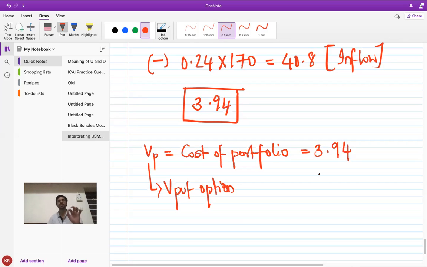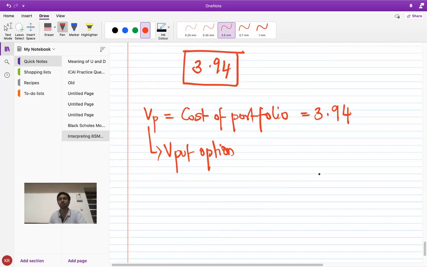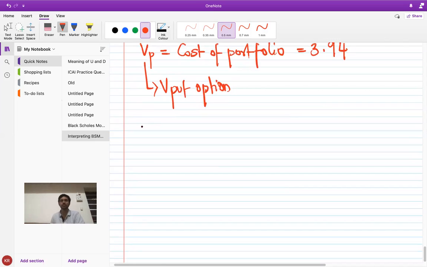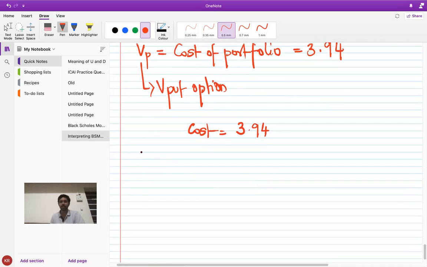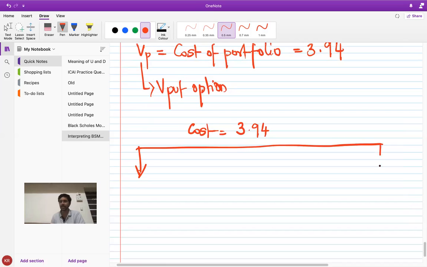Okay, that is with regard to valuing put option under the replicating portfolio. So valuing put option under the replicating portfolio of 3.94, cost of put option. Okay, first let me, yeah, okay. 3.94 had two components. I'm just doing as like what we did for a call option. Okay, 3.94 had two components.